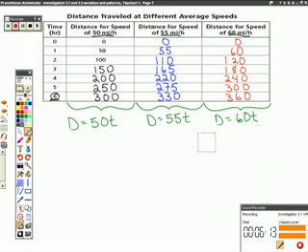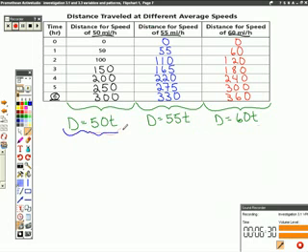Let's do pink. You can't even see that one. That ain't gonna work. Stick with blue. So D equals 50t.